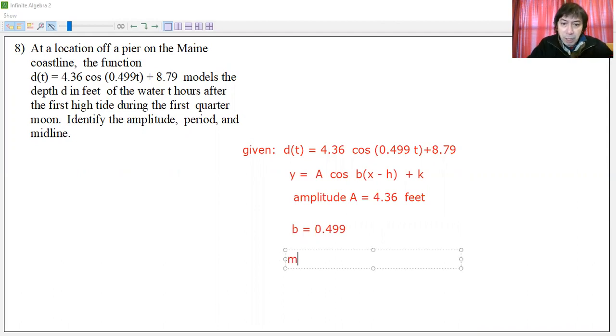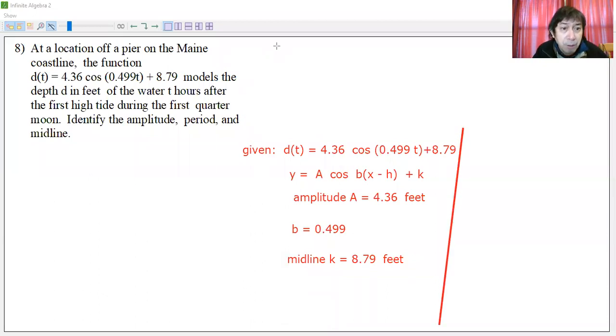Midline k is 8.79, also in feet. And we're now ready to determine the period. The maximum and minimum is not asked here, so we can compute for the period.